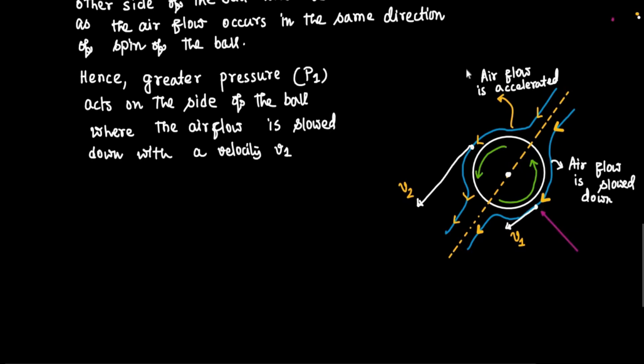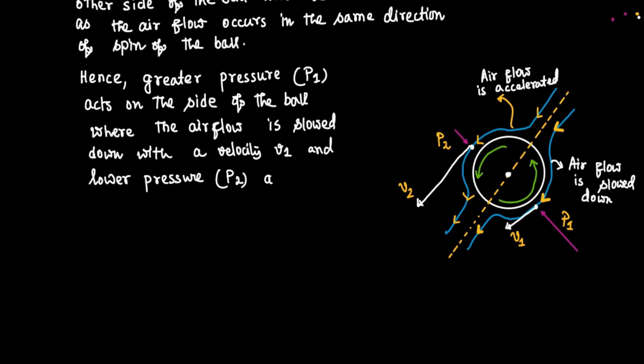A greater pressure P1 acts towards left on the right side of the ball, and lesser pressure P2 acts towards right on the left side of the ball. So here greater pressure P1 acts on the side of the ball where air flow is slowed down with velocity V1, and a lower pressure P2 acts on the other side of the ball.